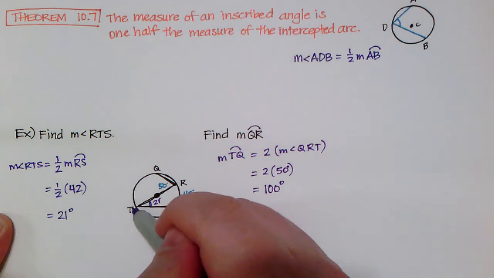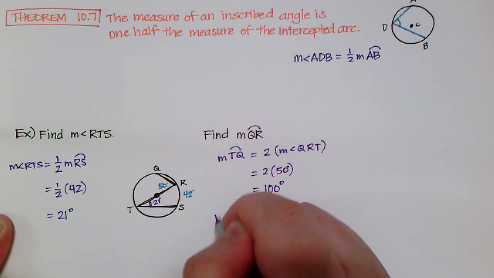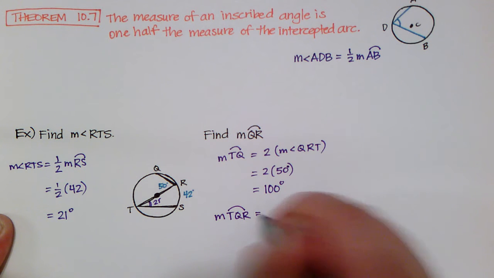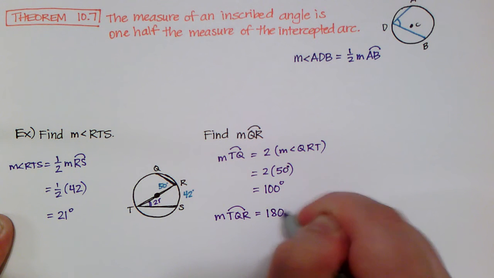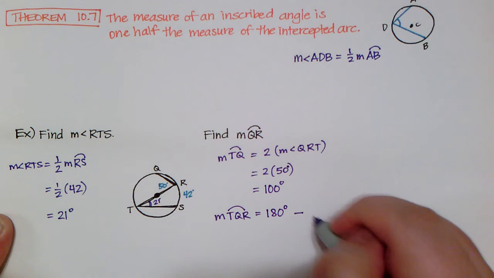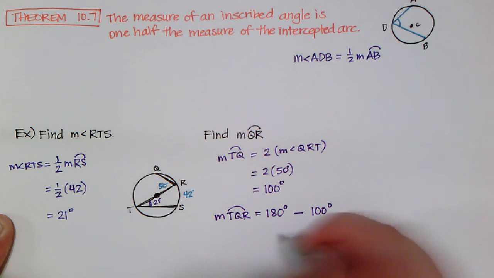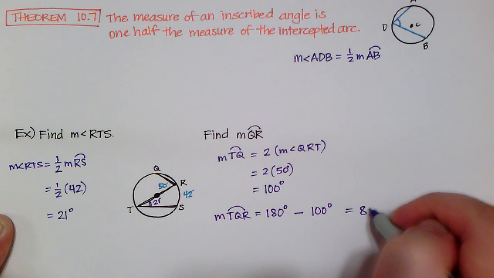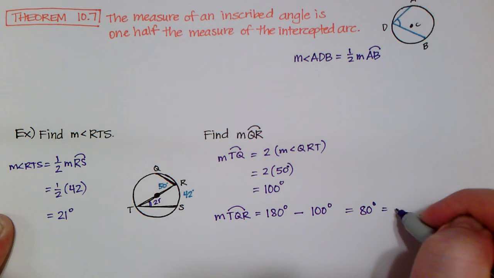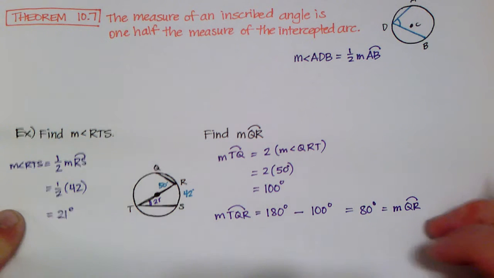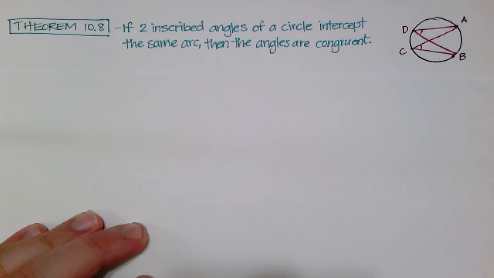Since arc TQR is 180 degrees, I can subtract the 100 degrees from it, and that gives me 80 degrees, which is the remainder, the measure of QR. And that's it. So we found our two answers. Awesome. Let's go ahead and move on.